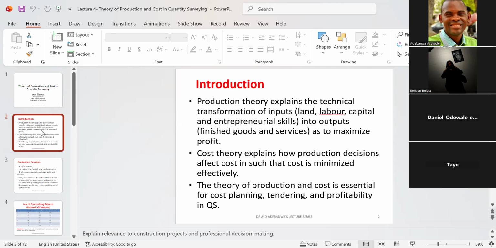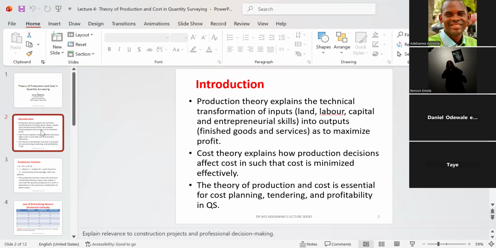The inputs are the factors of production: land, labor, capital, and entrepreneurial skills, while the outputs are the finished goods and services. And the whole idea of having a production function or a production theory is to maximize profits, because the essence of producing is to maximize.